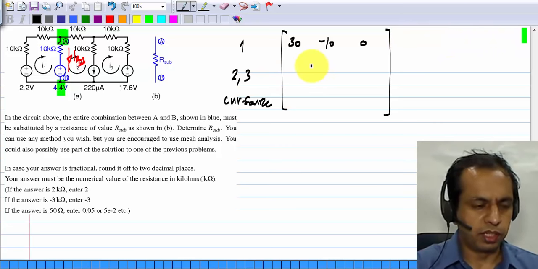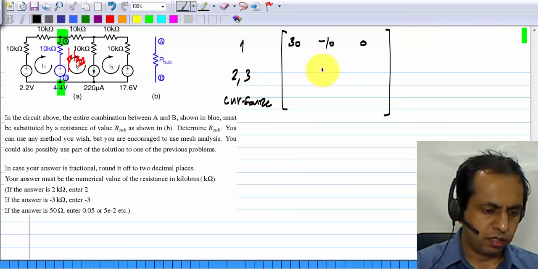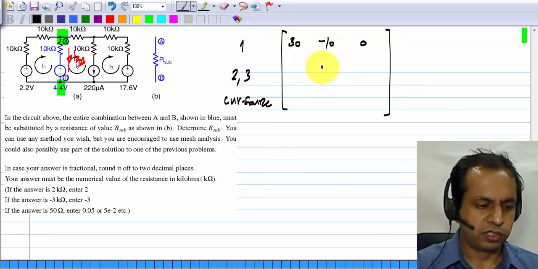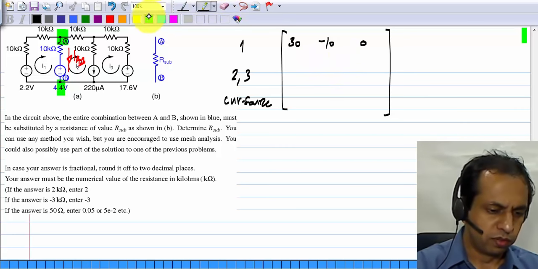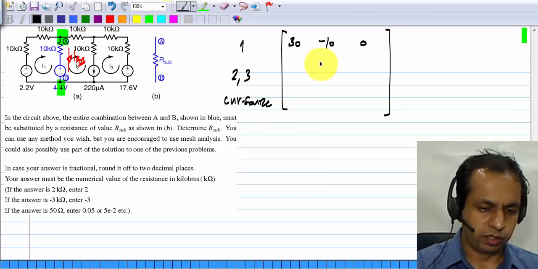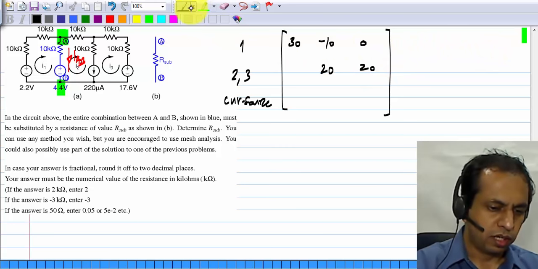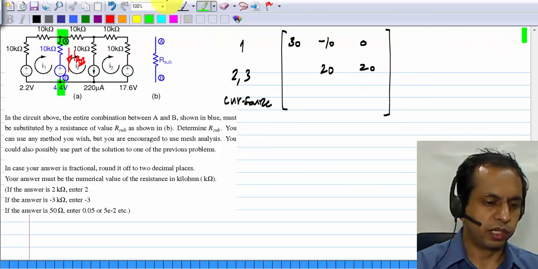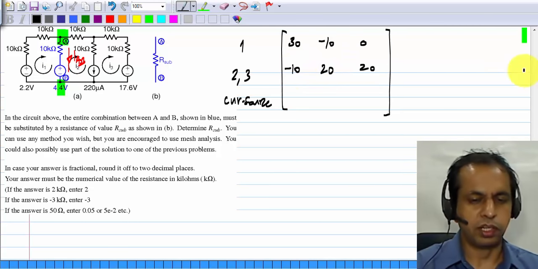For meshes 2 and 3, the resistance through which I2 will flow in the supermesh is 20 and for I3 it's also 20. So we'll have 20 and 20 for I2 and I3, and I1 will flow through this 10 kilo ohms, so you will get a minus 10 there.